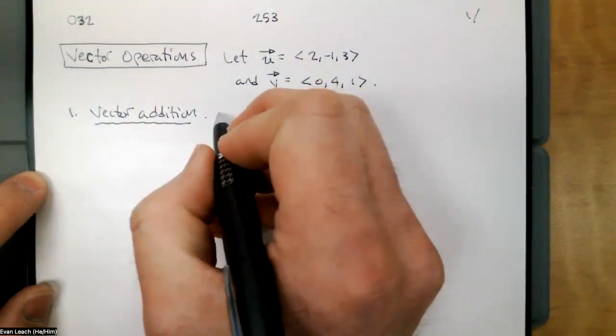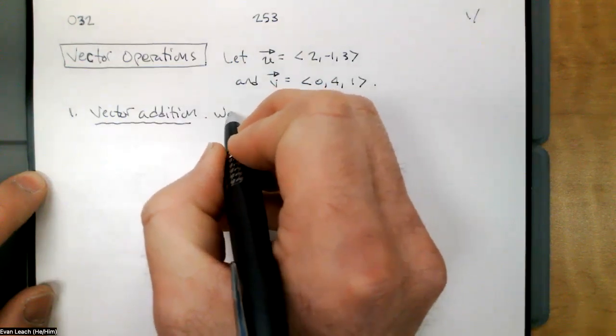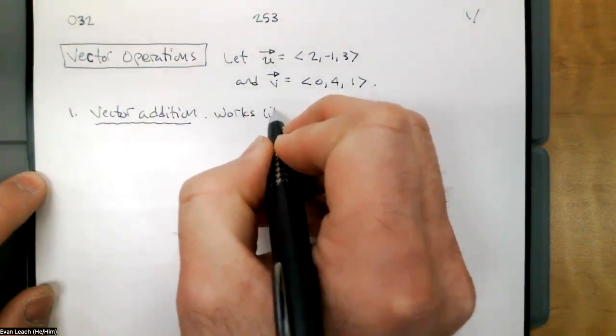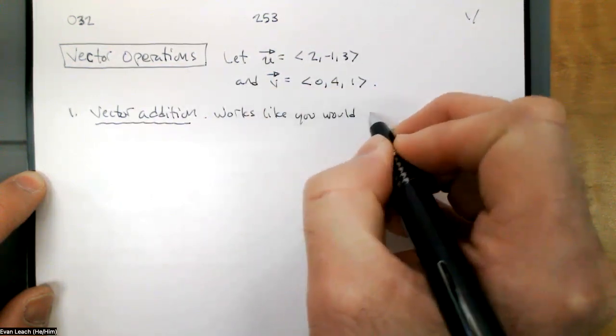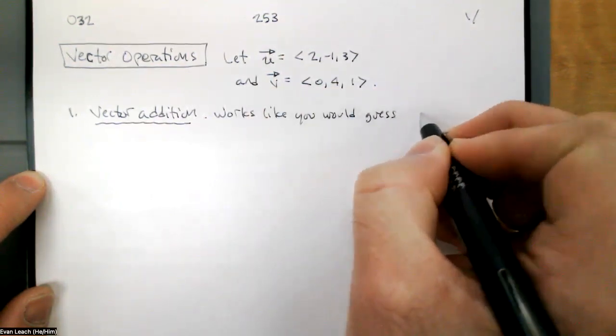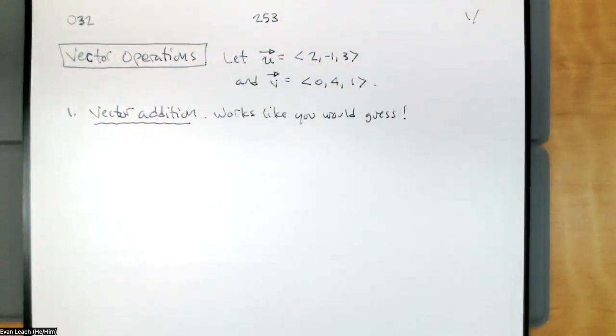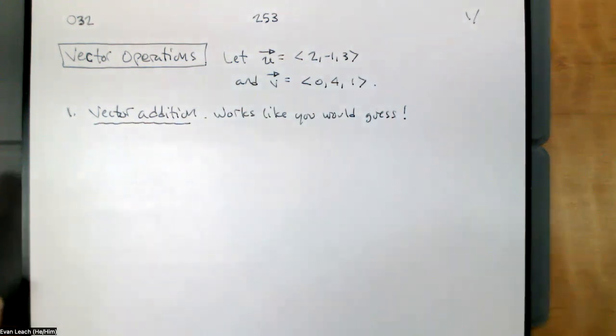So this is in the category of works like you think it would. And that's always good. Whenever there's a math thing and you're faced with what to do and it works how you guess it would work, that's always best. That means it's a well-designed operation.